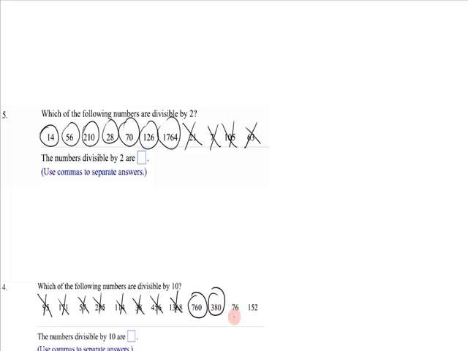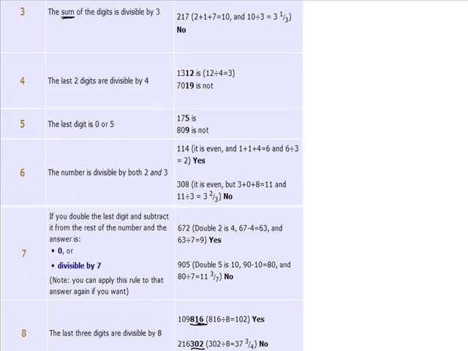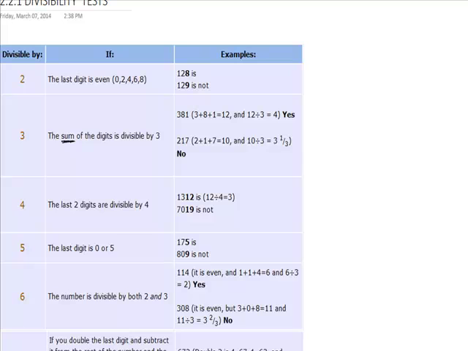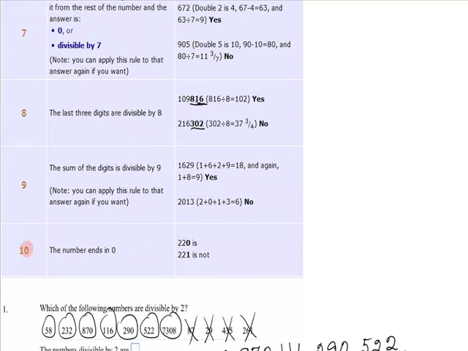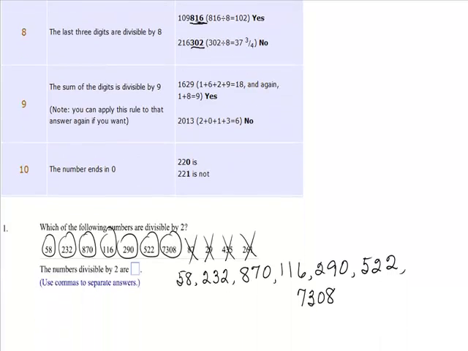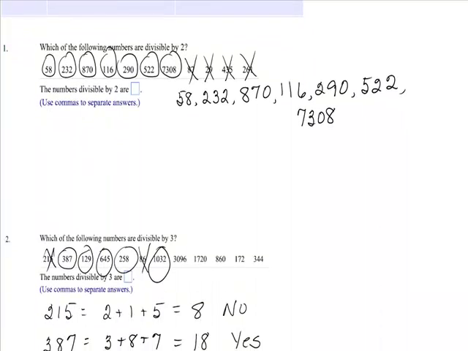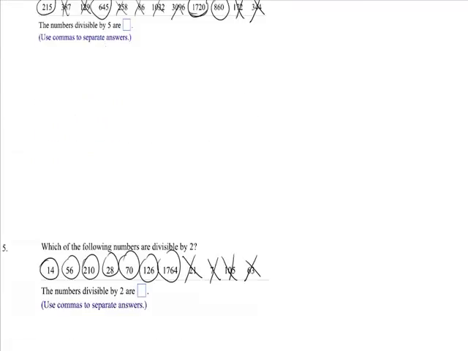Yes, it ends in a 0. No, no. So, please be familiar with the divisibility test for 2, for 3, for 5, and for 10. The others are fine. Maybe you want to study those, but I particularly think the 2, 3, 5, and 10 are very important.